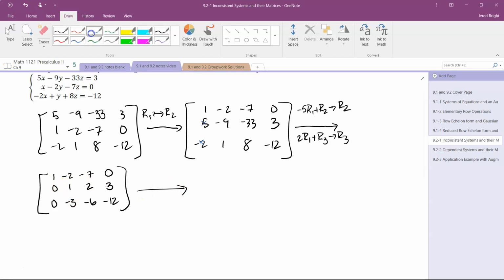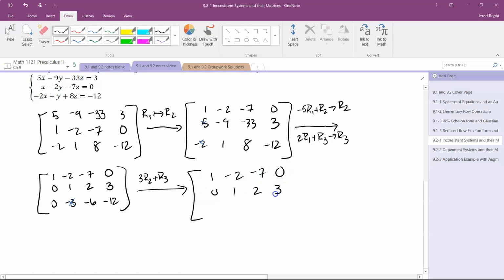I just need to knock out this 3 here, so I'm going to take 3 row 2 and add it to row 3, and when I do that, I get 1, -2, -7, 0, 0, 1, 2, 3. That's lovely. And then 0, 0, 0, and then -3. Well, I'm in that scenario where I have 0 is equal to -3, so this is an inconsistent system.